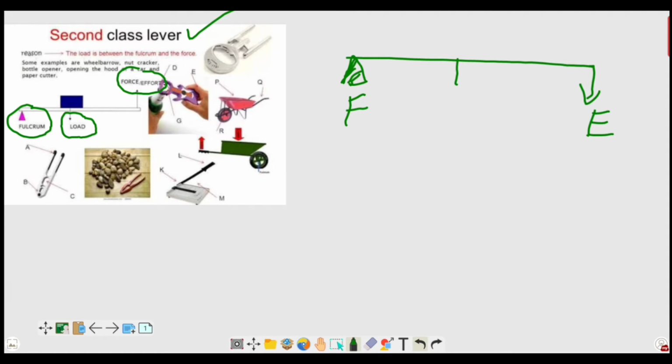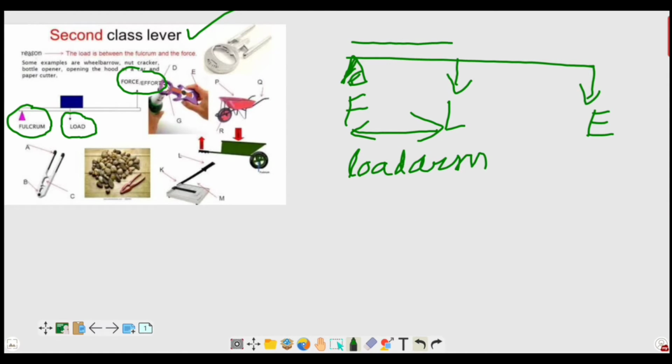And load is in between. Now, the distance between this fulcrum and the load indicates the load arm. Same way, the distance between fulcrum and effort indicate the effort arm.